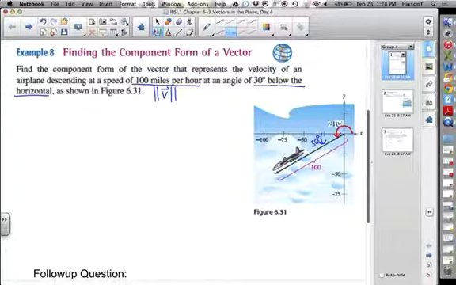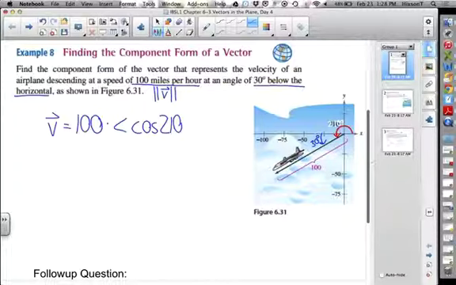So now, to find this vector, we know the magnitude is 100. We're going to take that 100 and multiply it by the vector with cosine of 210, sine of 210.